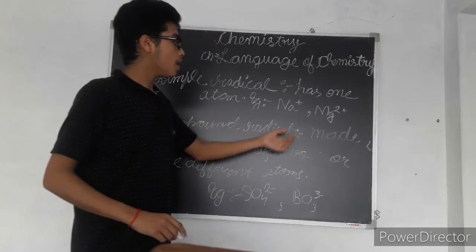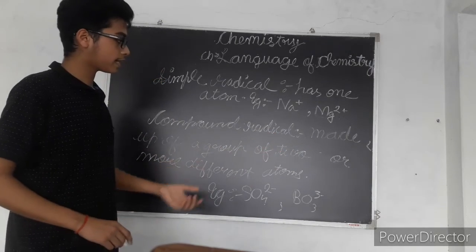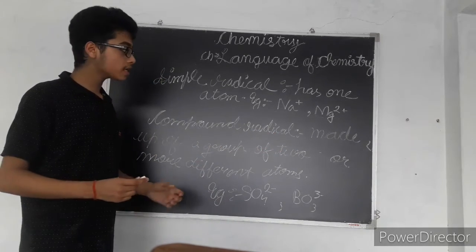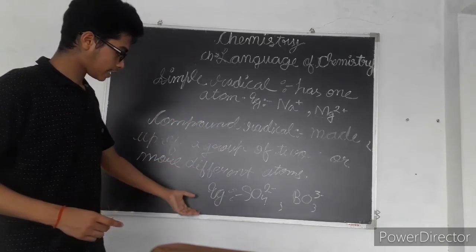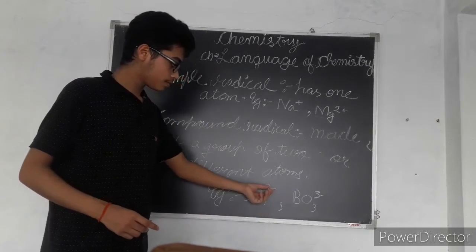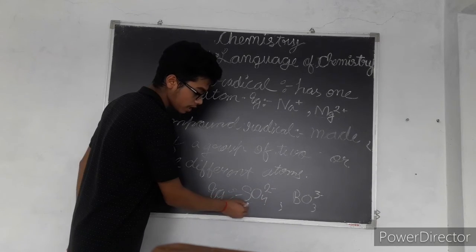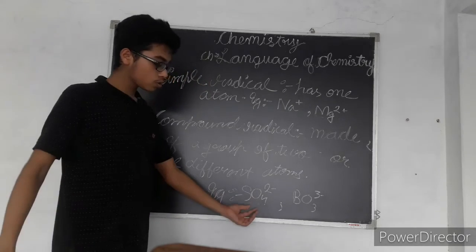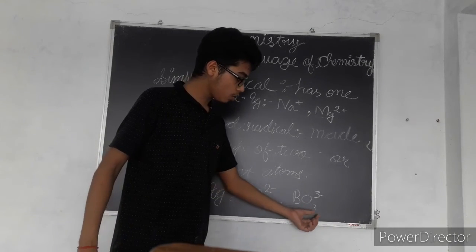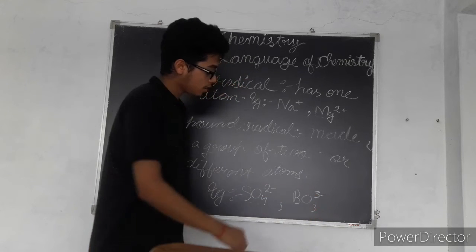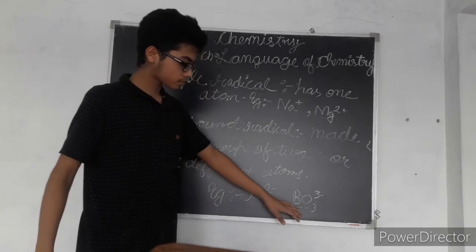A compound radical means it is made up of a group of two or more different atoms. They can be more than two also. Example is SO4 2 minus. Here S is there and O is there, two different atoms. And here also borate, BO3 minus, means B and O, it is a borate.